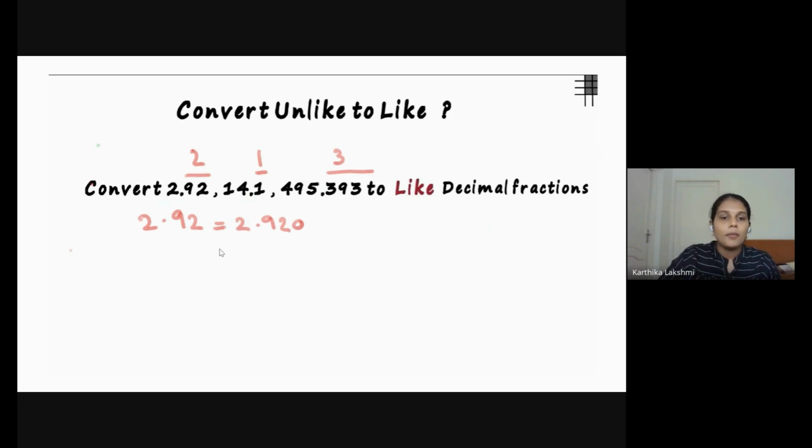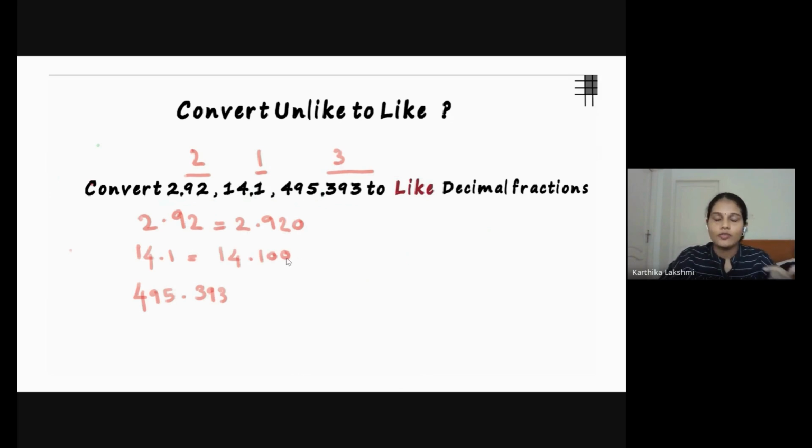Similarly, 14.1 equals 14.100. I added 2 zeros on the right of the decimal part. The number won't change. Got it? And this number is 495.393. There are already 3 digits in the decimal part.